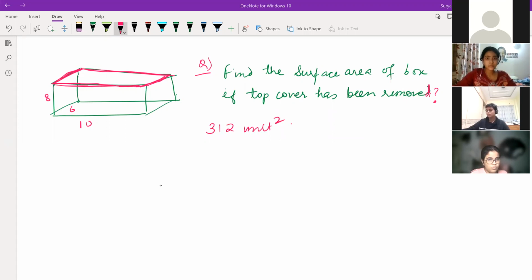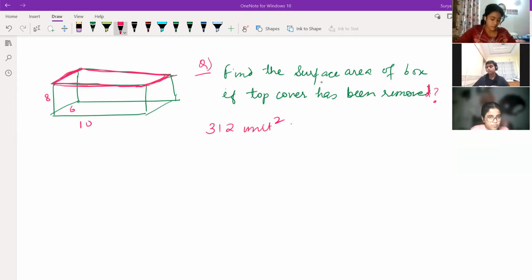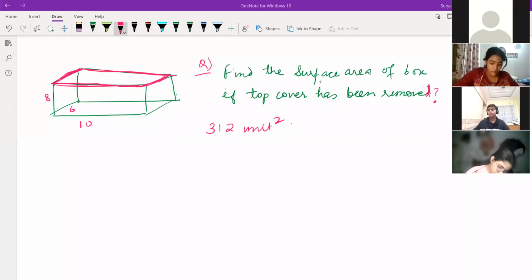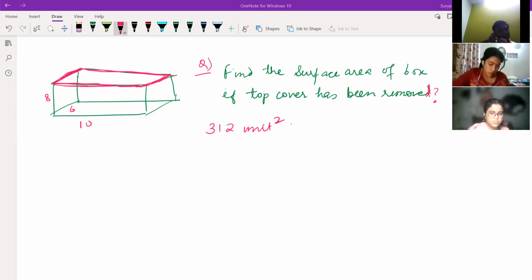Okay, anybody else? Just write in the chat box, children, if you have got the answer. Satvik got 312. All right. Anybody else? Sir, I typed. Vivek? No, sir. Okay, fine. You got a different answer. Anybody else? Dipshika, Bhumika, they're doing.